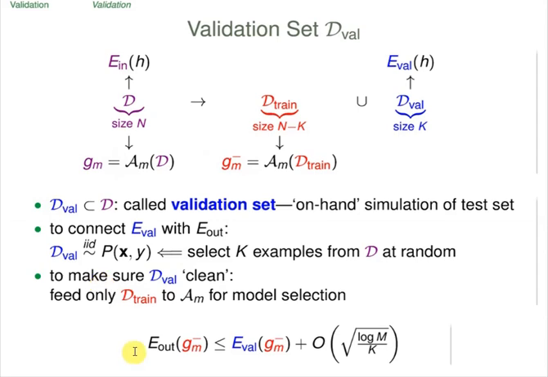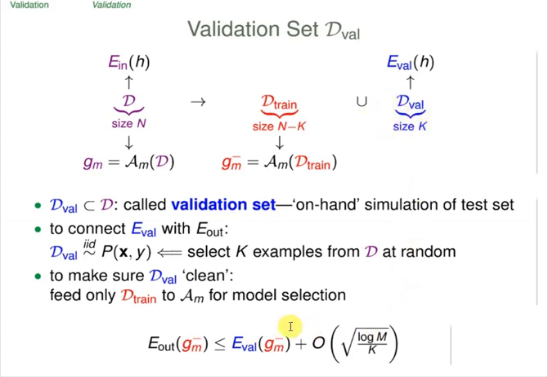Now we can use the same relationship in terms of the VC bound. So the out-of-sample error of the selected g_m minus is upper bounded by the E-validation performance of the same hypothesis, g_m minus, plus a complexity term, O of the square root of log M over K. M here is the total number of hypotheses we are considering, and K is the size of the validation dataset.